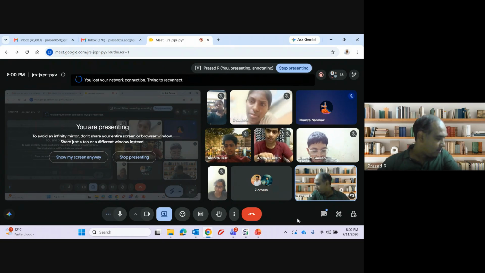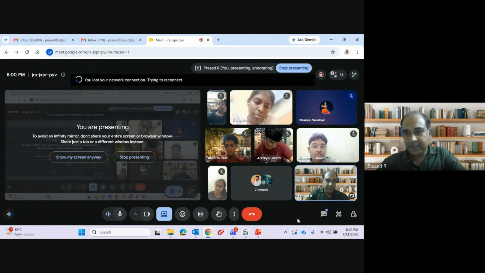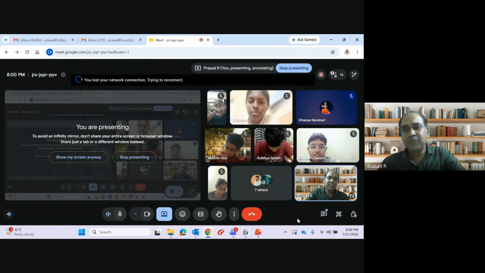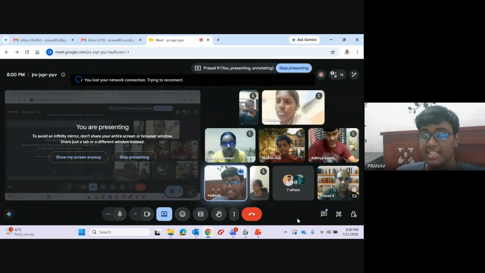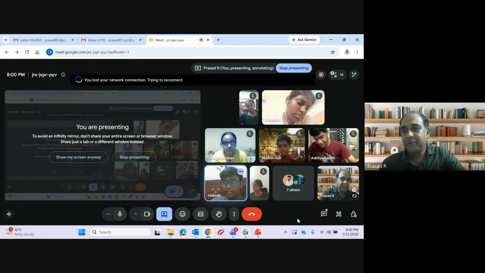Okay. Next is balance sheet. In the first class, when we spoke about summarizing, we discussed profit and loss account and balance sheet. Balance sheet is nothing but a statement of balances of assets and liabilities, right? Fantastic definition.